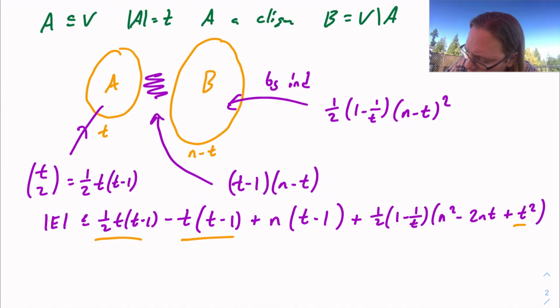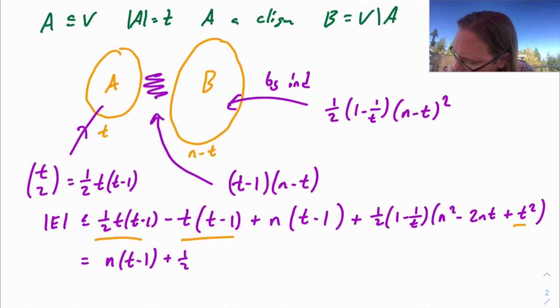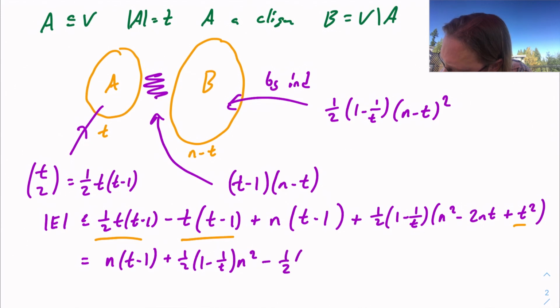What I'm left with here is equal to n times t minus 1 plus 1/2 1 minus 1 over t times n squared minus 1/2 times 1 minus 1 over t times 2nt.